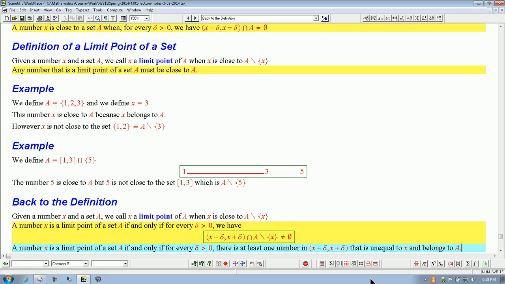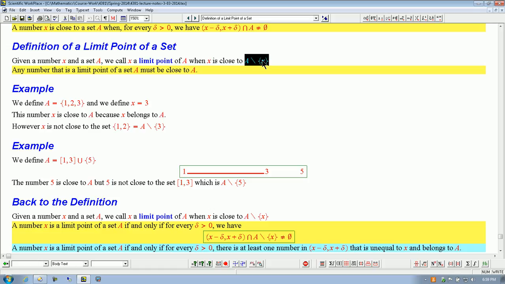I'm really repeating myself. What is the condition that x be a limit point of A? That for every delta greater than 0, there is at least one number in the stick that belongs to A slash singleton x.